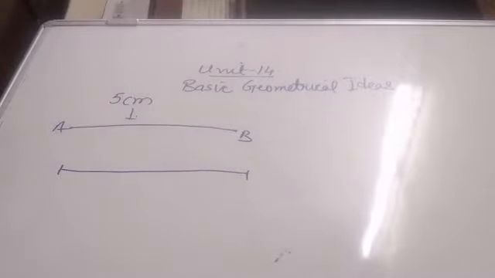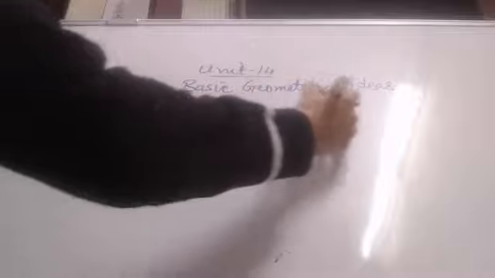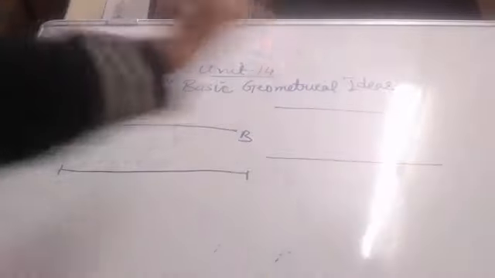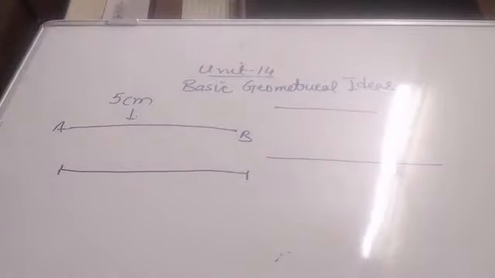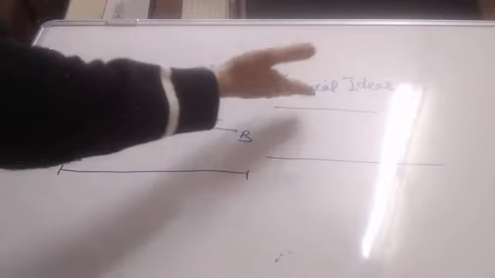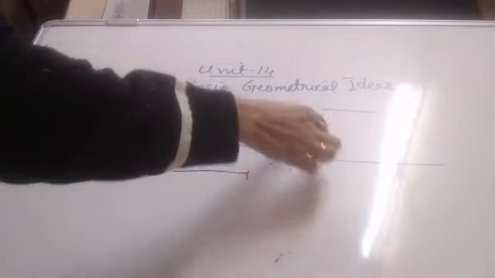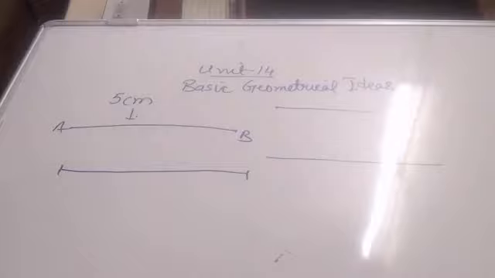Now, how can we compare line segments? Comparison by observation. If you have two line segments, PQ and RS, then by seeing them you can compare that this is a small line segment of a particular length and this is the biggest length. Then second is comparison by tracing.